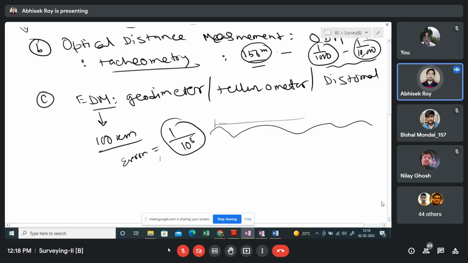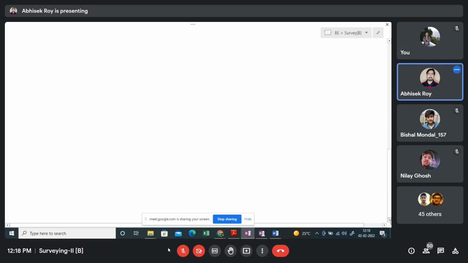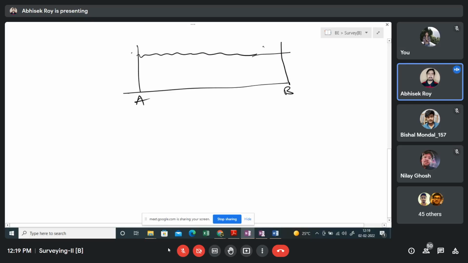That means what we can do is, one transmitter will be there that will generate some electromagnetic wave, and suppose we want to measure the distance from A to B, and one receiver can be there at B. So A is generating one wave and B is receiving that, and when A is generating the wave you can start a stopwatch or any sort of time measurement device which can measure the time difference between generation of the electromagnetic wave and the time when at B that wave is received.